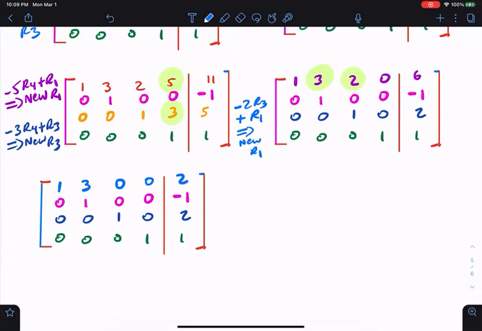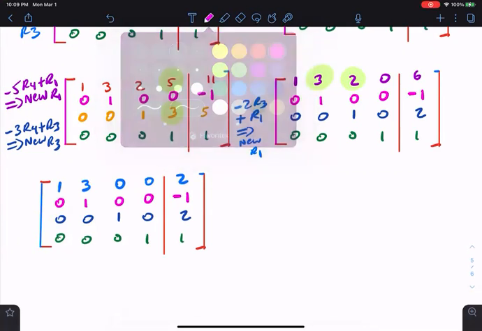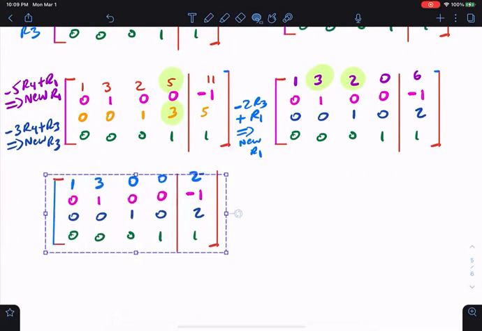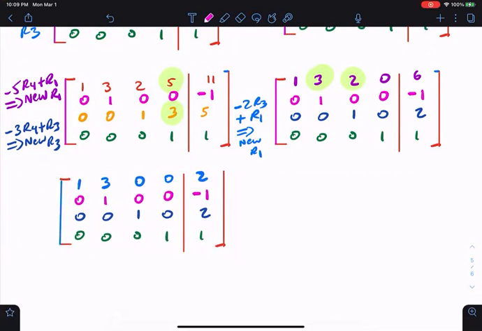That's okay. Now we can get rid of that last element, which is that 3, right? So we need to multiply row 2 by negative 3. Negative 3 row 2 plus row 1 will give me new row 1. Then we're done with this problem.